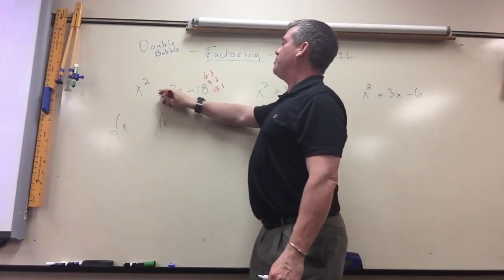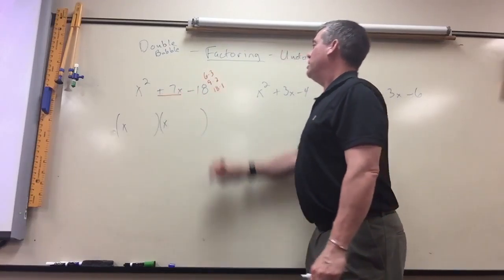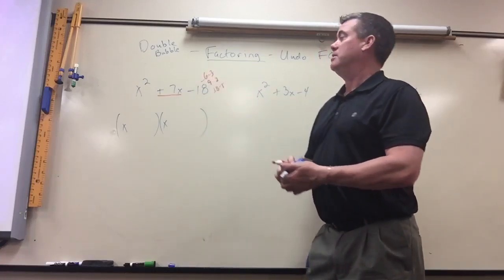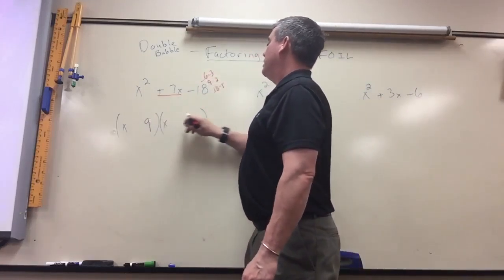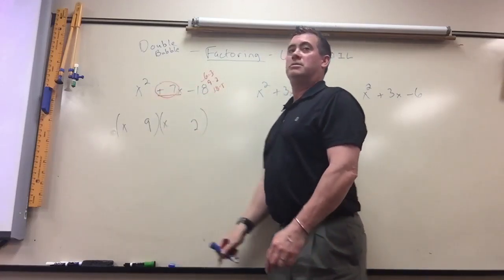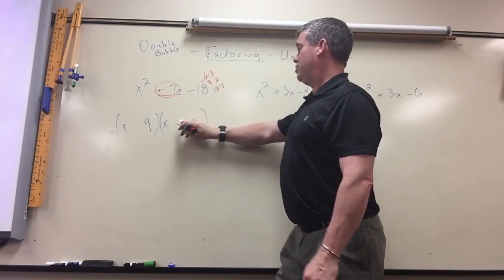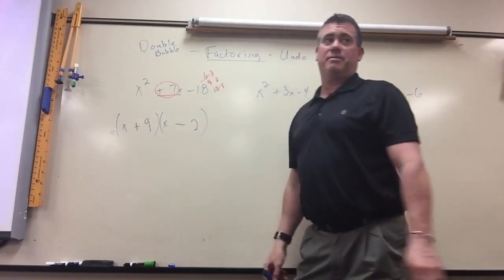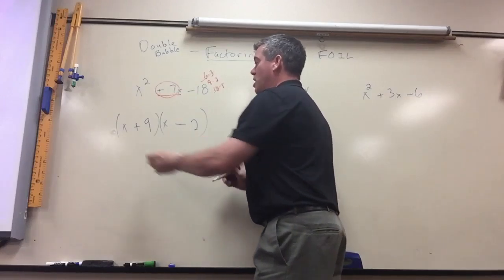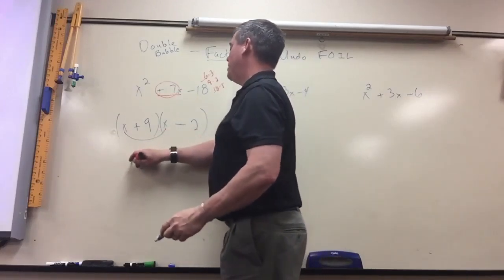So I have to end up with a 7. 6 and 3 won't make 7, 18 and 1 won't. So it's got to be 9 and 2. Now it's got to end up being a positive 7. So I need a negative 2 and a positive 9. That makes a positive 7.